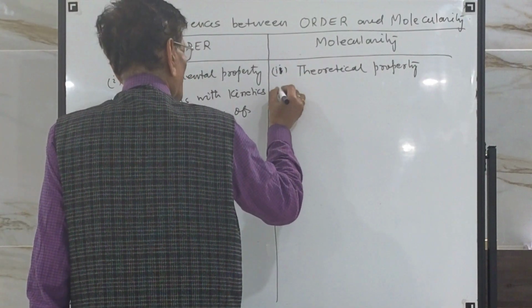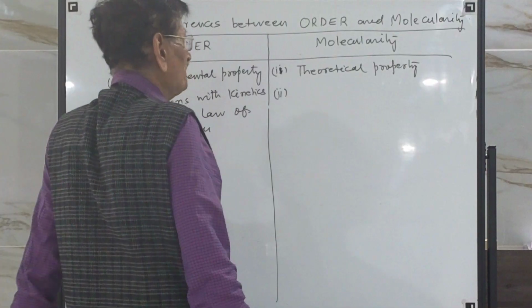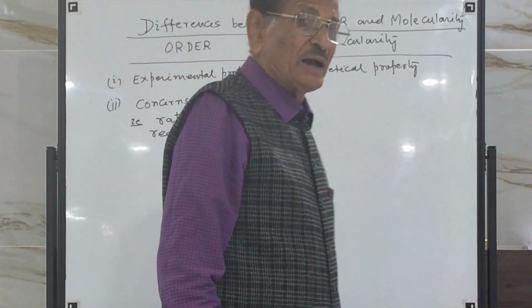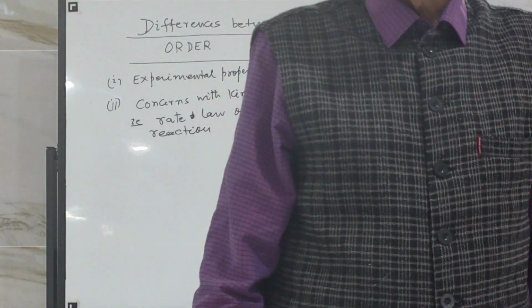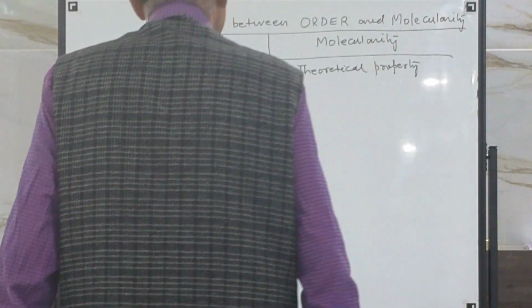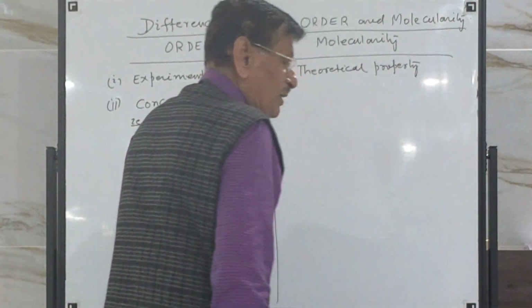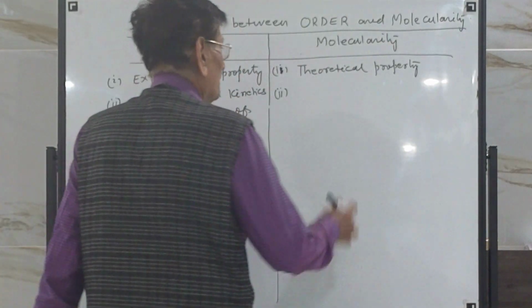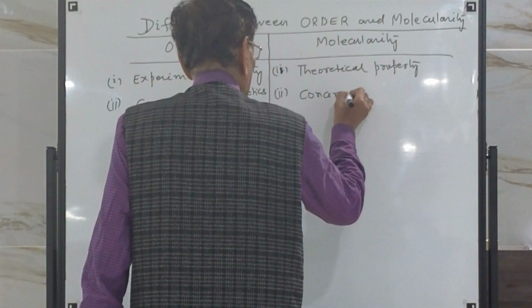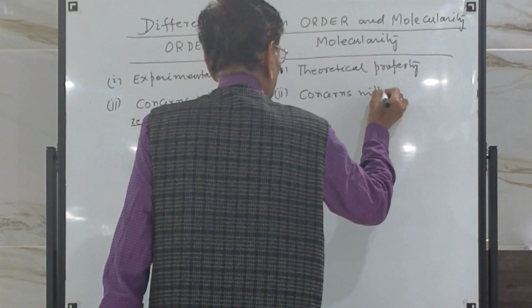Second point: molecularity is concerned with mechanism. If you know the mechanism, then only you can predict the molecularity, because in the mechanism, the molecularity of the slowest step will be the molecularity of the overall reaction.